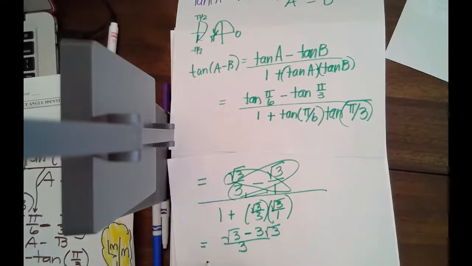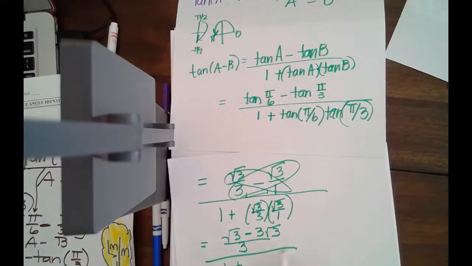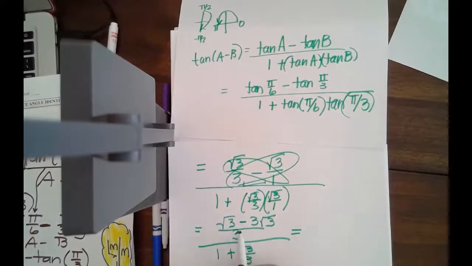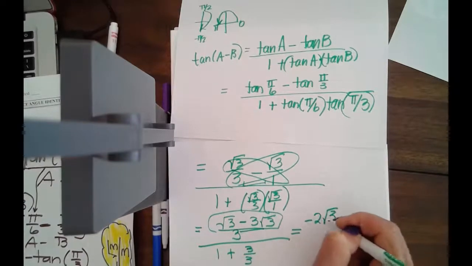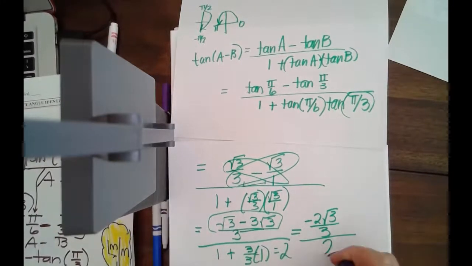That's the top. Then downstairs we're going to have 1 plus top times top over bottom times bottom. So radical 3 times itself is just going to give you 3, and then that's going to be over 3, which is 1. So we can simplify this even more. Radical 3 minus 3 radical 3 is minus 2 radical 3, over 3. Over 1 plus 3 over 3, well, that's equivalent to 1, right? So downstairs is totaling to 2.